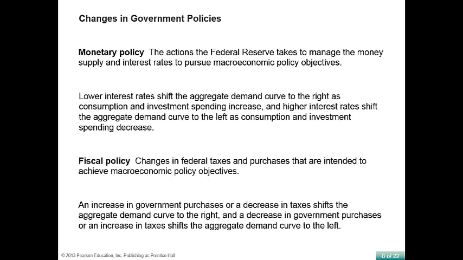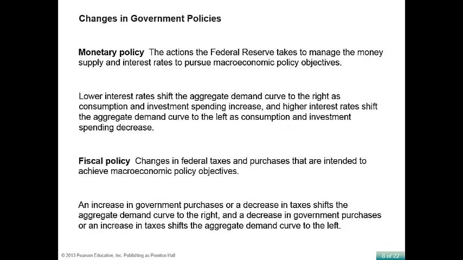Government policies include fiscal policy, which is a change in federal tax rates and government purchases that are intended to achieve macroeconomic policy objectives, which are normally economic growth with low inflation.